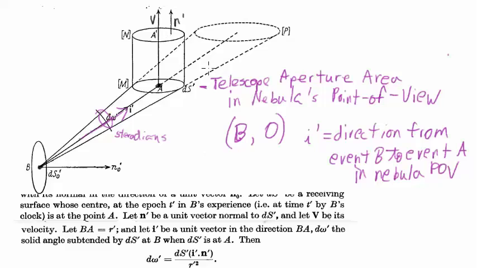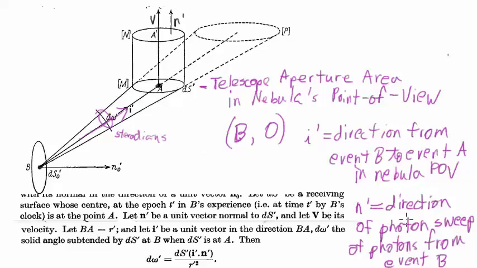And this n prime, I'm going to call it the direction of photon sweep, the direction of the photon sweep of photons from event B. So it's not exactly the same as the direction the telescope is aimed, but it is the direction that the telescope needs to be pointed in order to capture every photon coming in that direction from point B. So let's call that the direction perpendicular to photon sweep.